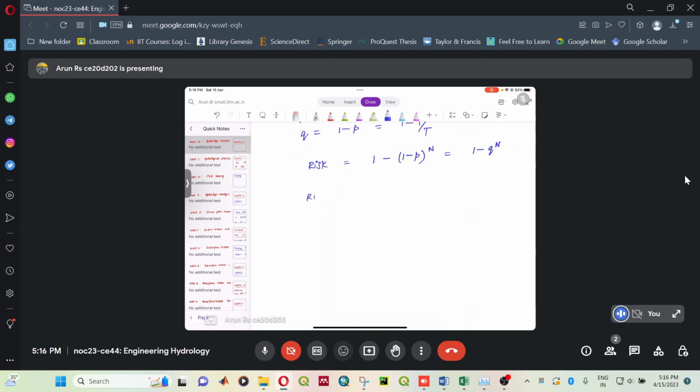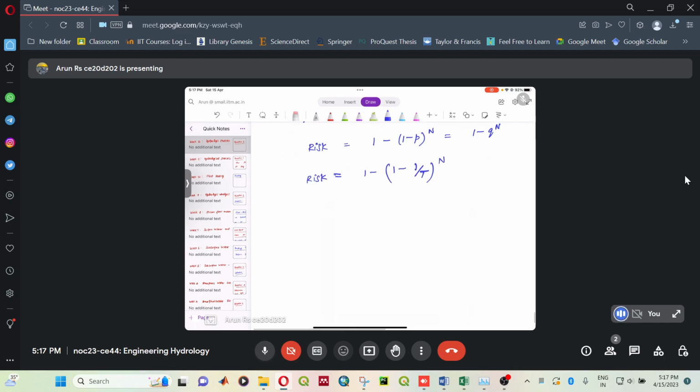Or you can remember it in terms of return period, that will be easier: 1 minus 1 by T to the power of n. T is the return period and n is the design life of the structure.